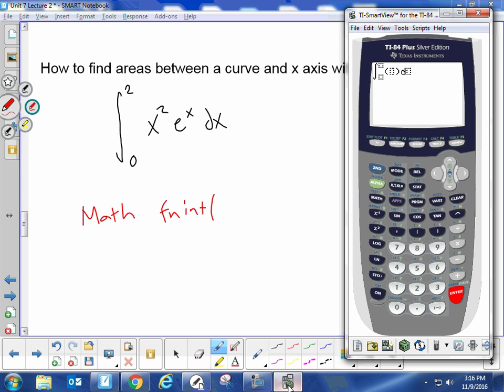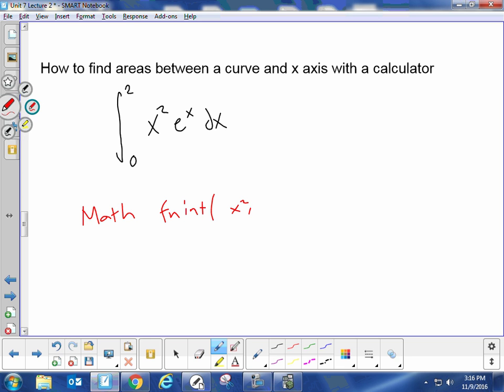You will then type in the following. Everybody else, you can just type in what the integral says and press equals and find out what that area is. Miss Willie, you will do FNINT of the function. So in this case, you're going to do x squared e to the x. You will then press comma. There's a comma next to the parentheses.